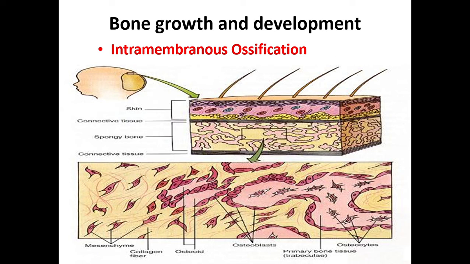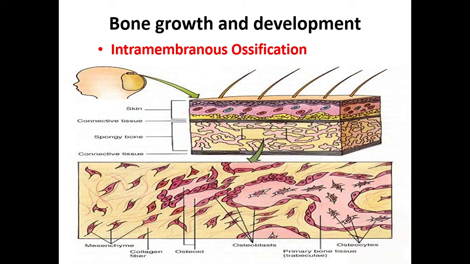Now, for intramembranous ossification, this will involve the flat bones of the body, and usually this is the growth in width of bones. So in this illustration, we have the cranial bones, which are made up of flat bones.